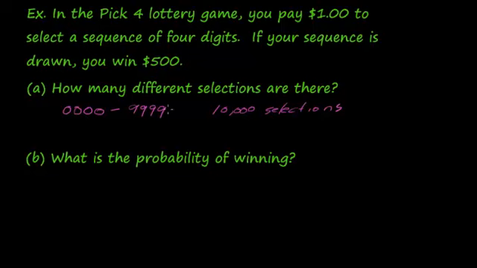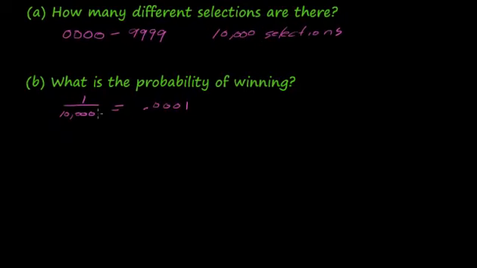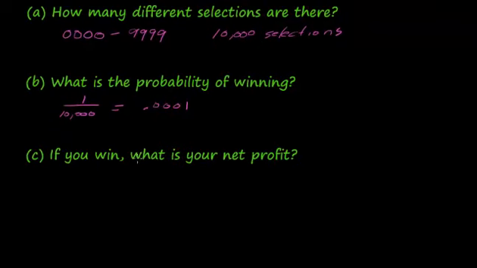Well, only one of these selections is going to be the winning one that's drawn, so you've got a chance in 1 out of 10,000 to win, or written as a decimal, 0.0001, right? Okay, well, if you win, what's your net profit? Well, you're going to win $500, but you've already spent $1 to get to play, so you'll win $499.